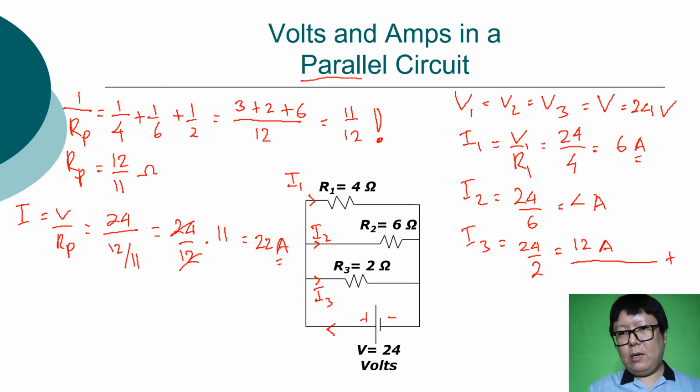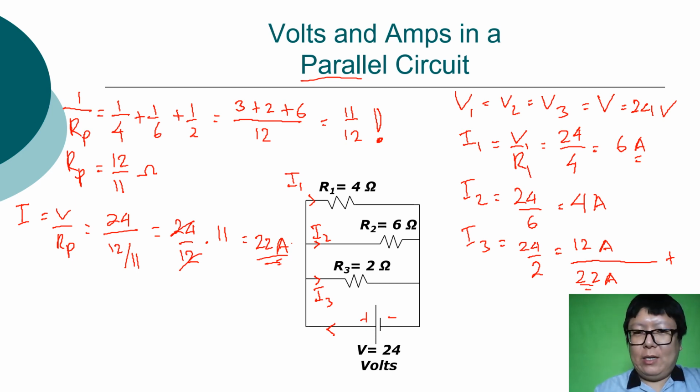Then you can check, if you add this all, 6 plus 4 plus 12, you get 22 amps, equal with the I total in here. The same. Okay, this is for checking whether your answer is correct or not.